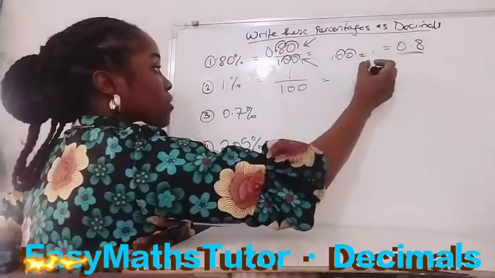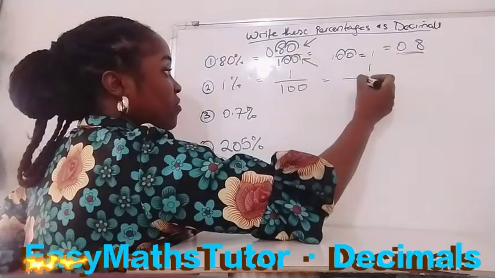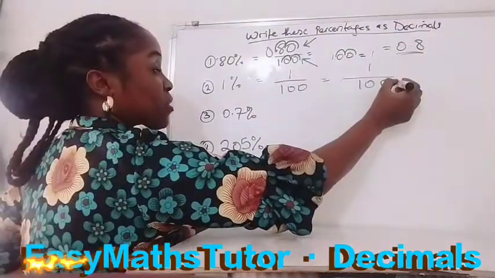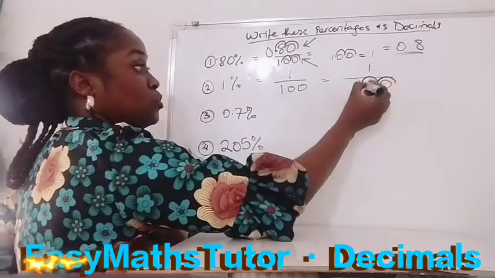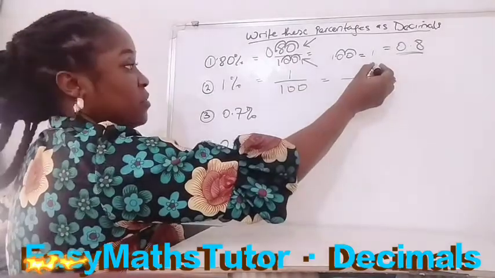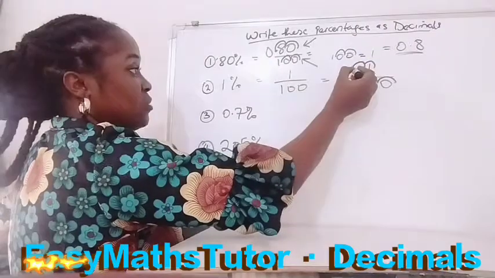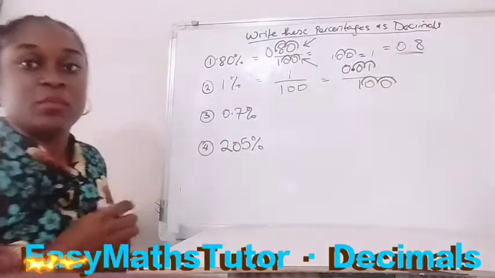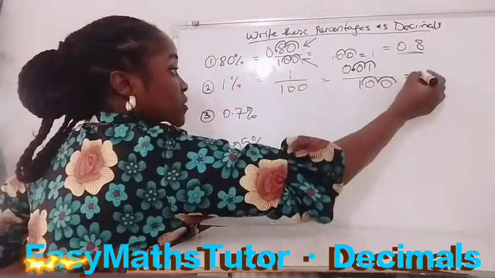We have 100. Now the decimal on 100 is here. To turn it back to 1, we'll count 1, 2. Same for the numerator, we count 2 times. So this decimal ended here. We'll fill the zeros in the missing places, giving us 0.01.